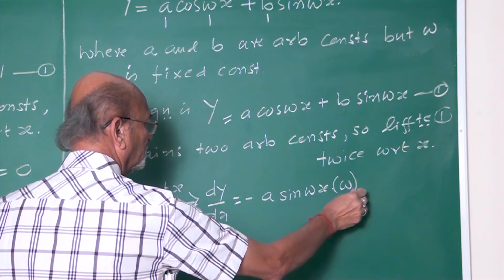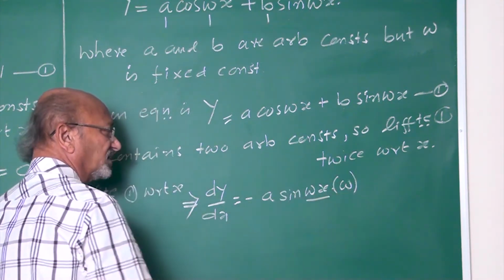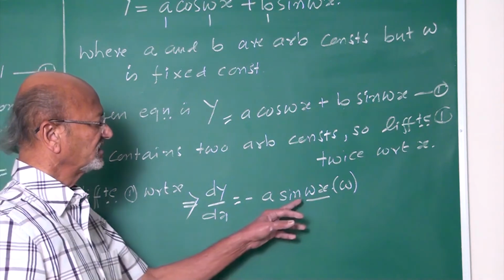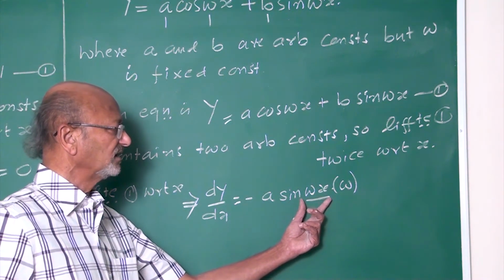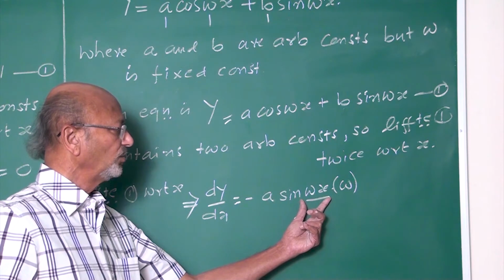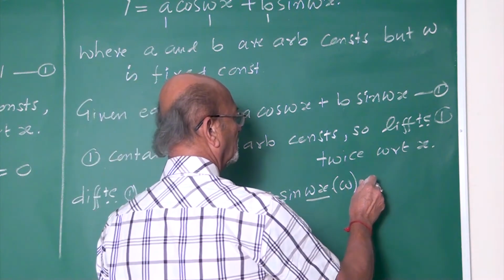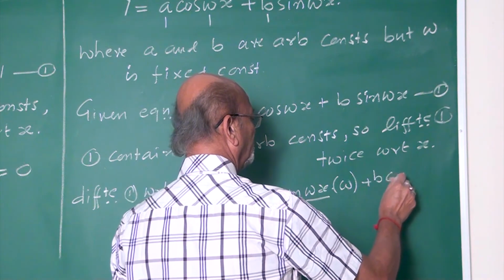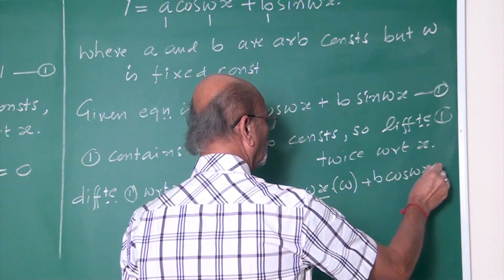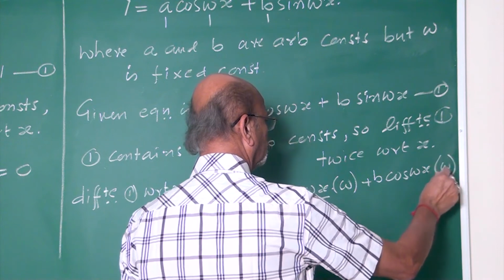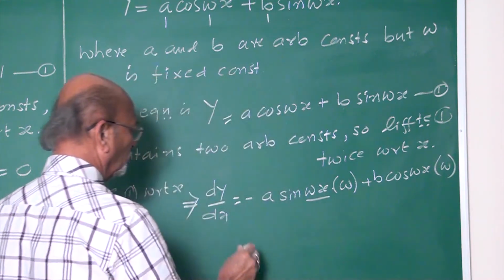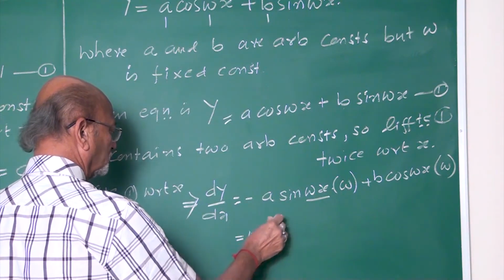Don't forget, when the angle is other than x, you have to differentiate the angle. Kx gives k, omega x gives omega. Plus b, derivative of sin is cos, into omega. That omega is common, I take it out.